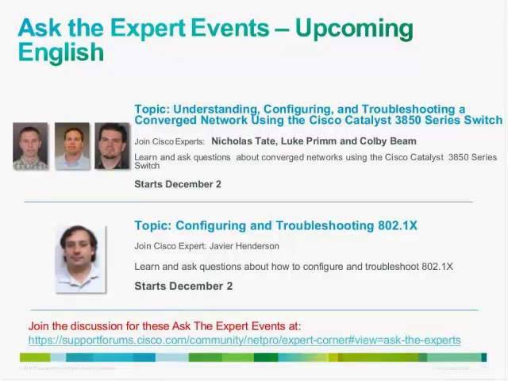First one, understanding, configuring, and troubleshooting a converged network using the Cisco Catalyst 3850 series switch. And that's going to start on December 2nd. And we have another one on configuring and troubleshooting 802.1x, and that is going to start on December 2nd.